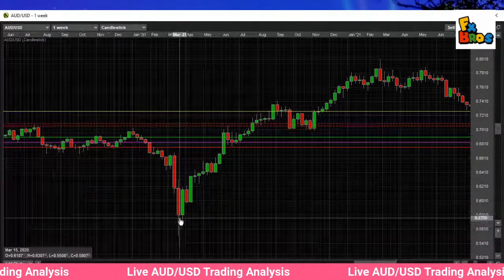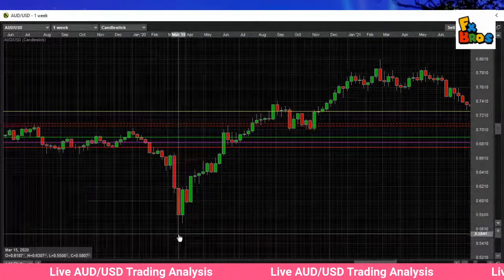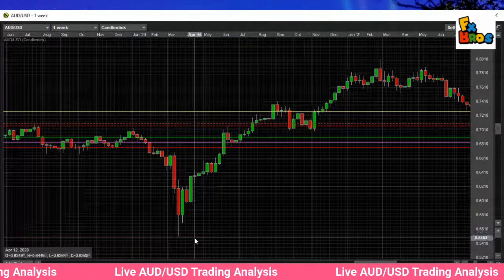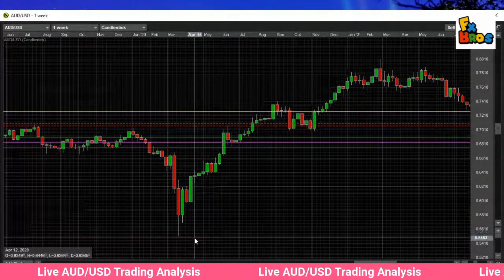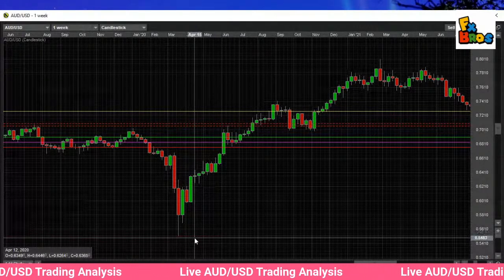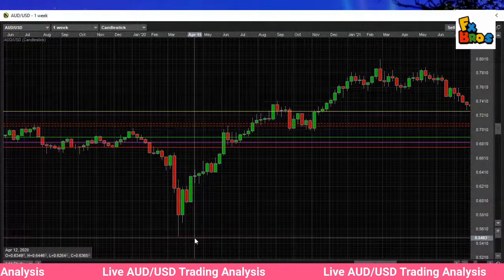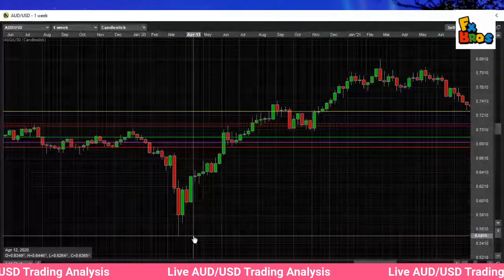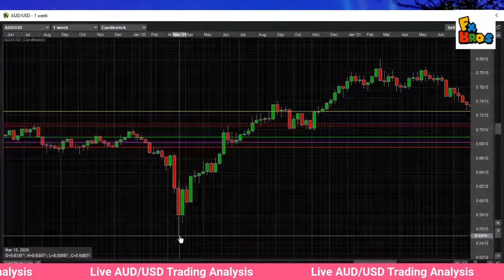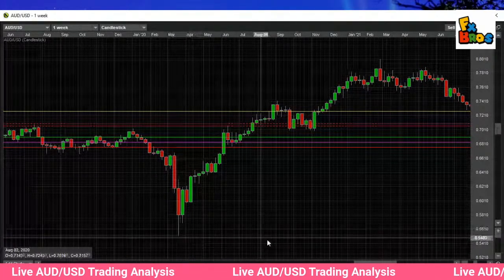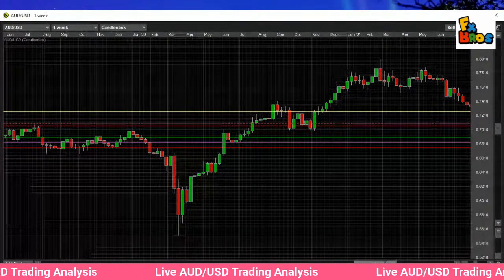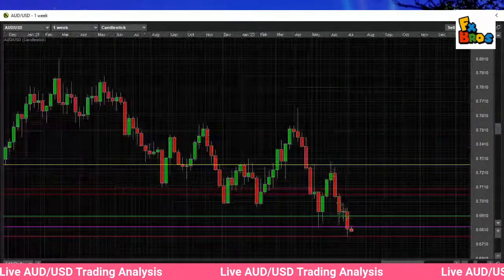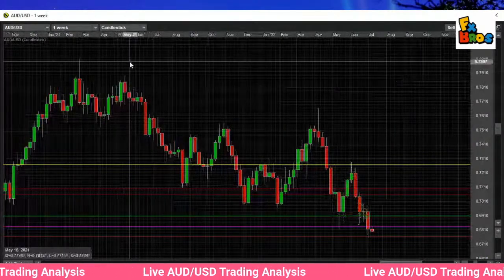This low right here on the weekly is tapping into a resistance level and an unfilled gap area from 2002. Oh my gosh. Yes, sir. And this is 2020, March 15th. So that low right there, that's what it tapped into.